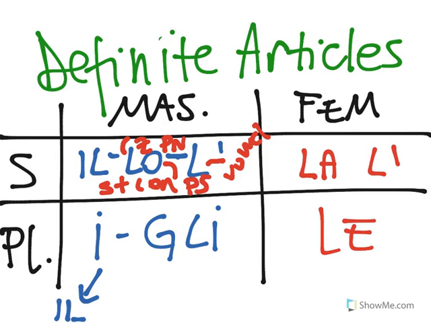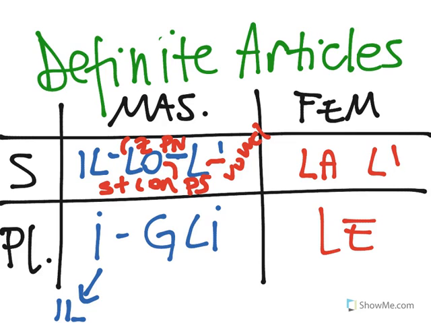So, if in the singular form we have il ragazzo, in the plural form I will have to turn ragazzo into ragazzi, and I will have to make the article il a plural article, and I will choose i ragazzi.